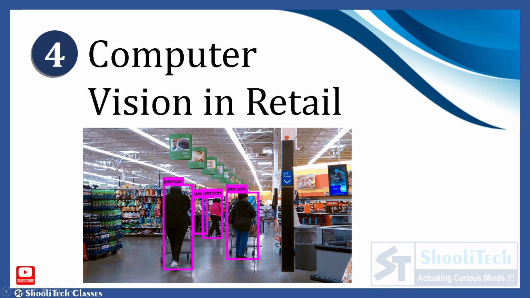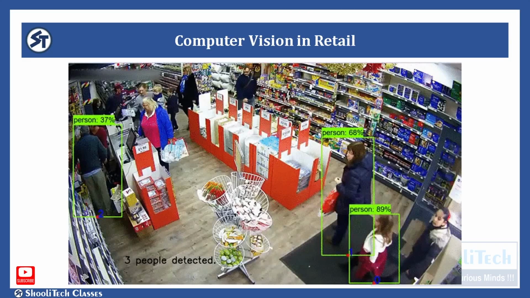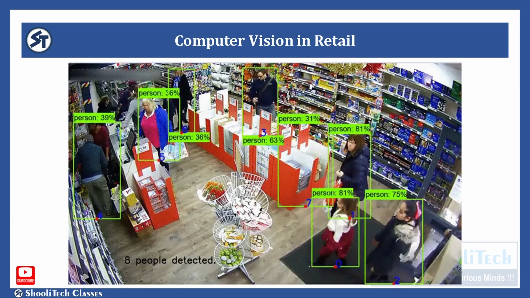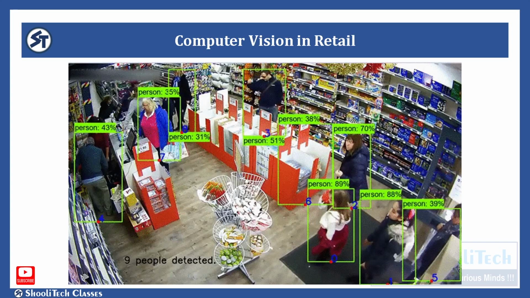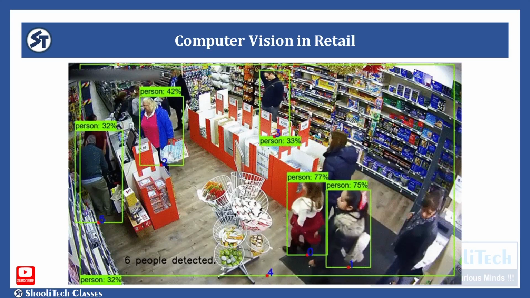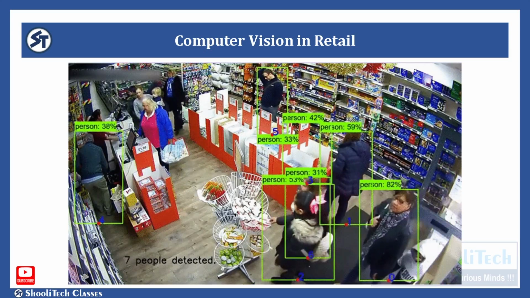The retail field has been one of the fastest growing fields and at the same time is using computer vision for making the user experience more fruitful. Retailers can use computer vision technologies to track customer movements through the stores, analyze navigational routes, and detect walking patterns.